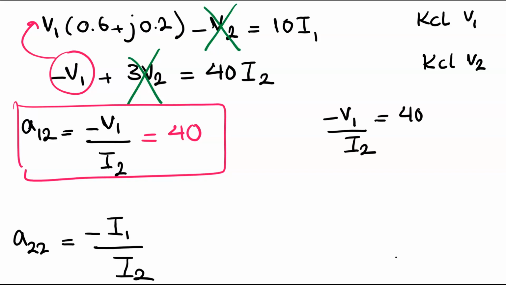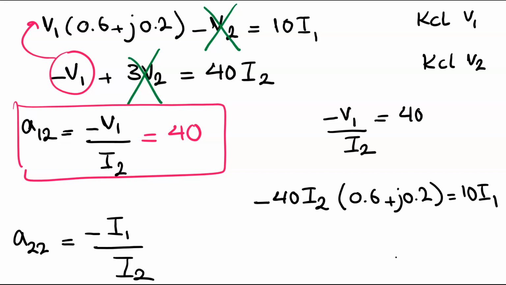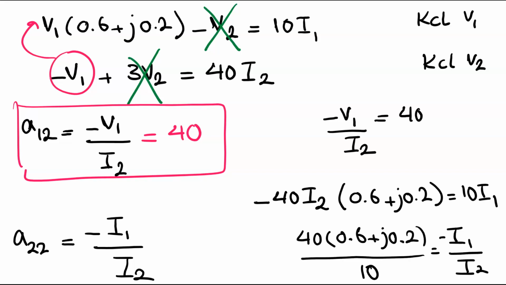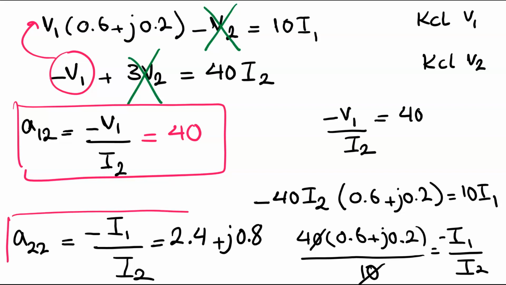Let's do the rearrangement. So, according to this rearrangement, the relationship between minus I1 to I2 is equal to 2.4 plus j 0.8, which is going to be my A22.